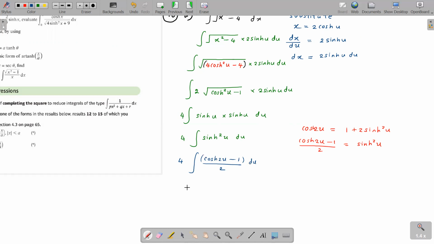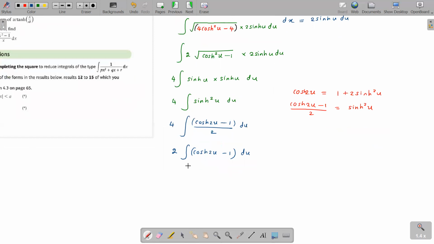So 4 over 2, I can take 2 out, it cancels. So 4 and 2, we can simplify: 2 times cos 2u minus 1. So what is the cos integration? 1 over 2 sine 2u, minus integration of 1 is u.